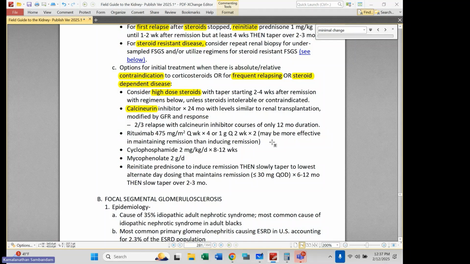In general, my practice pattern is, if you have any of the idiopathic nephrotic syndromes or a lupus membranous, and I'm deciding to treat with a calcineurin inhibitor, that is a 2-year commitment. Okay. Where does that come from?